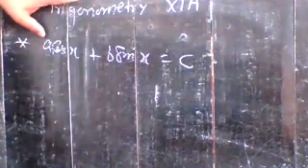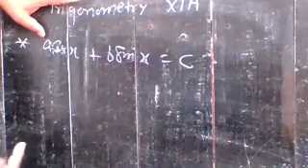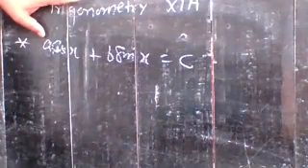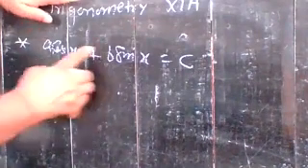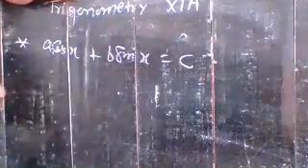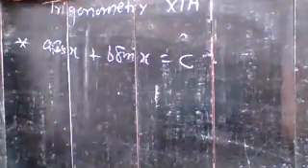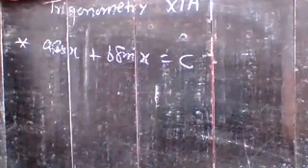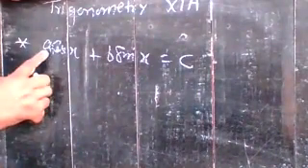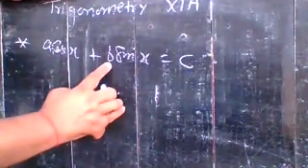What is the value of hypotenuse? No doubt it is under root a square plus b square. So in such a case, you divide throughout the equation by under root a square plus b square, that is, the coefficient of cos x and the coefficient of sin x.